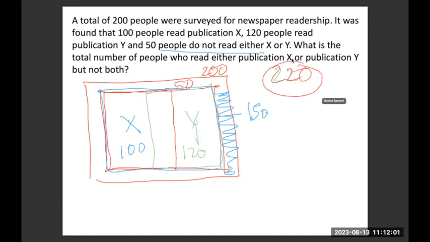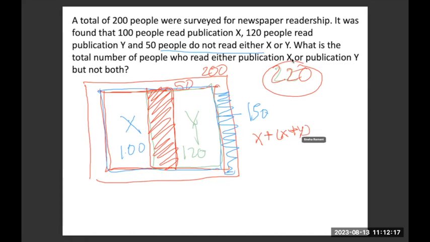Now this total 220 people will also have a few additional people who are repeated twice in this intersection. So people who are reading only X plus the intersection of X plus Y will be equal to 100, and people who are reading only Y plus the intersection of X plus Y, which is this, will be equal to 120. When I added both of them together, what I found is this one value is getting in excess.